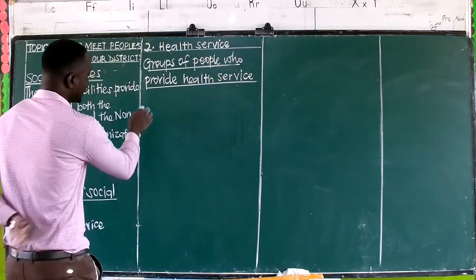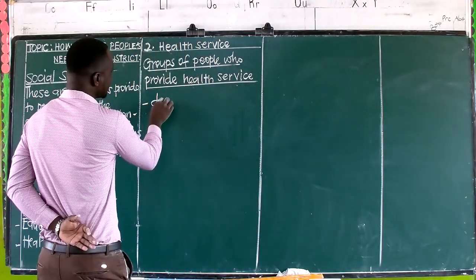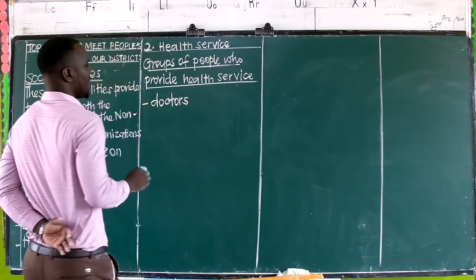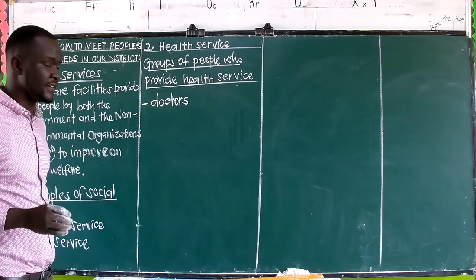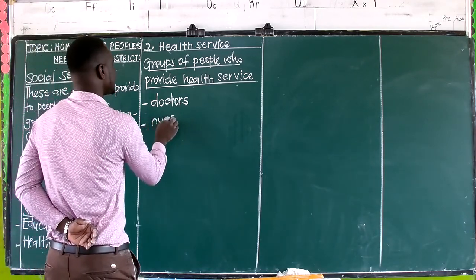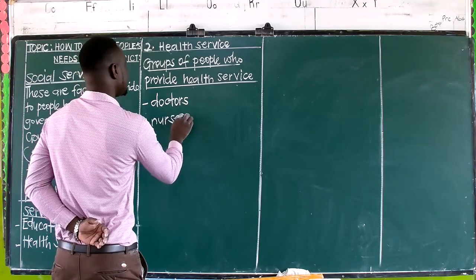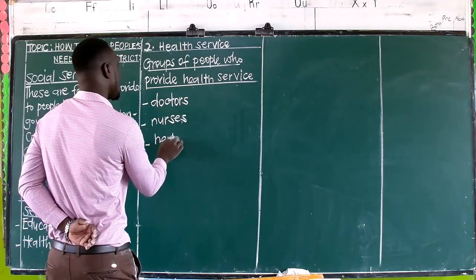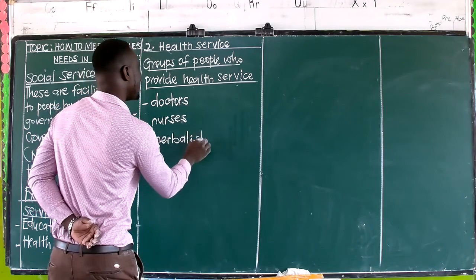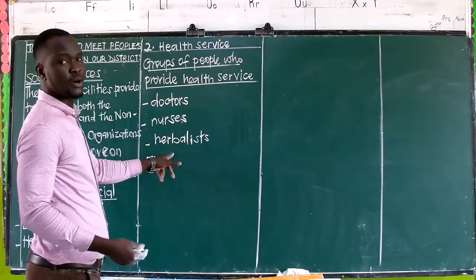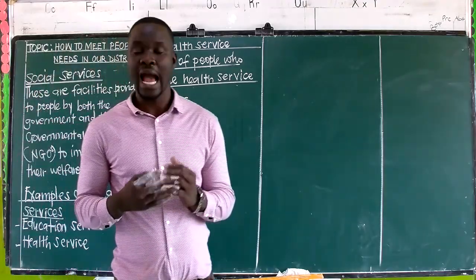Here we are going to have the first group, that is the group of doctors. I want you to be very, very attentive here. And then we have the nurses. We have the doctors, the nurses. Then we shall also have what we call the herbalists. Now the herbalists, these are people who use herbs.